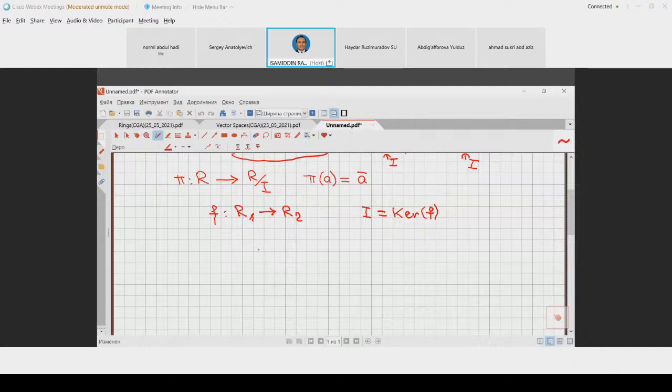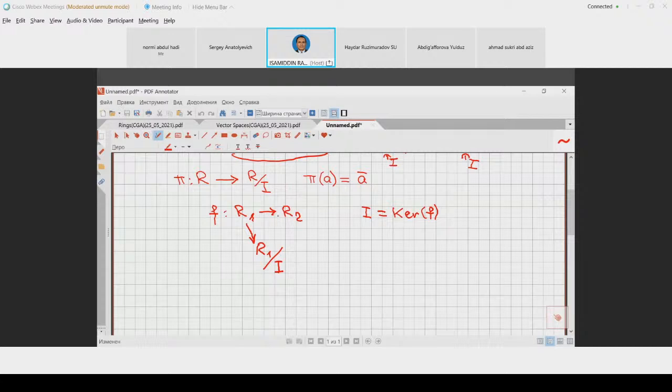So I will get the quotient ring R1 over I. Then there is a projection, a surjective onto homomorphism from R1 to R1 over I.